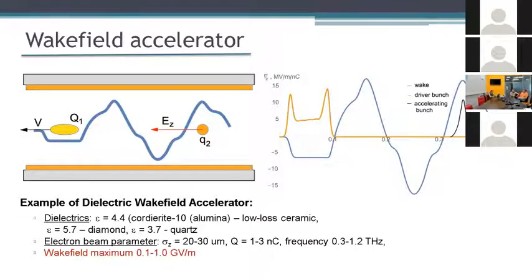Having this quantity large, you potentially can accelerate the trailing beam to GeV energies, starting from only 100 megaelectron volt. What people usually call this technology is the so-called afterburner, something which you put at the end of your conventional machine. Consider this as a cost-effective upgrade for the existing linear accelerator, for example.